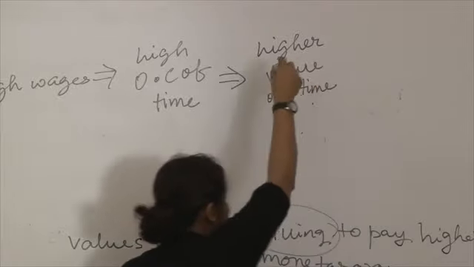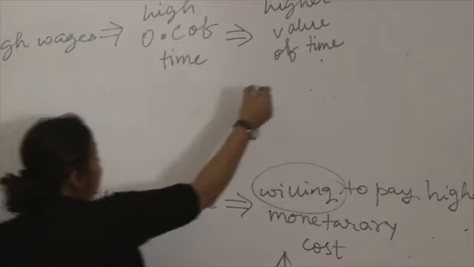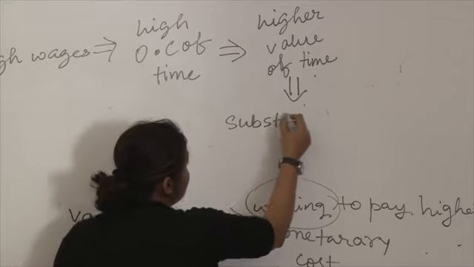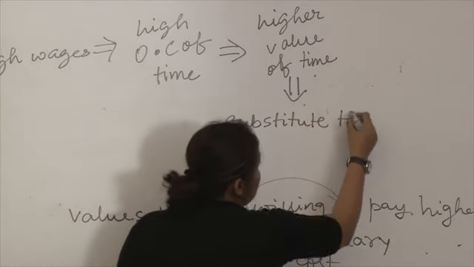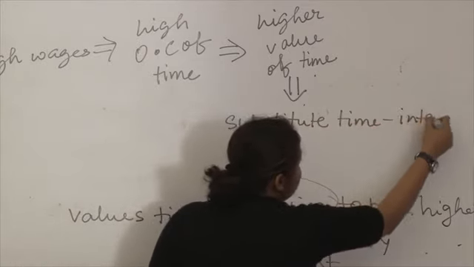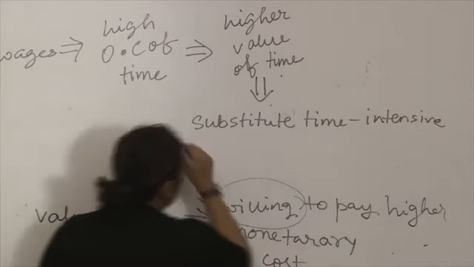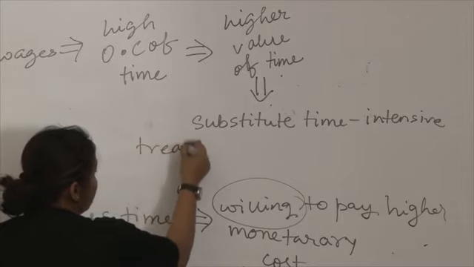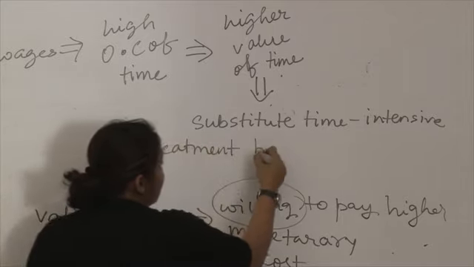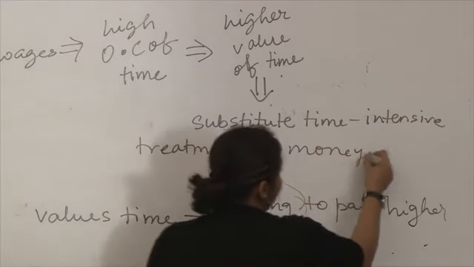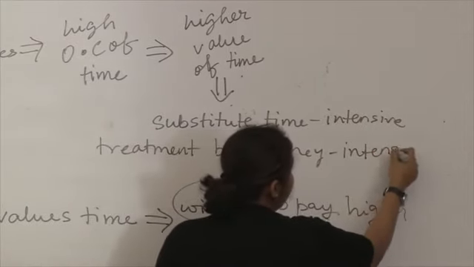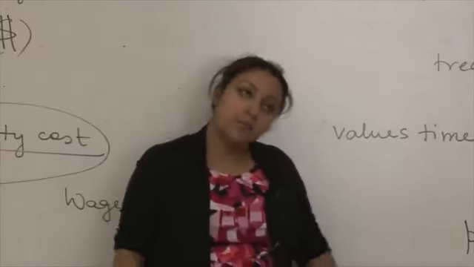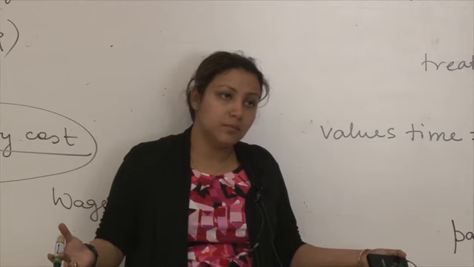And if someone values time more, then he will be willing to substitute time-intensive treatment by money-intensive treatment. So that means he will want some treatment that is less time-intensive, that is less time cost based, but he can pay more monetary cost, isn't it?